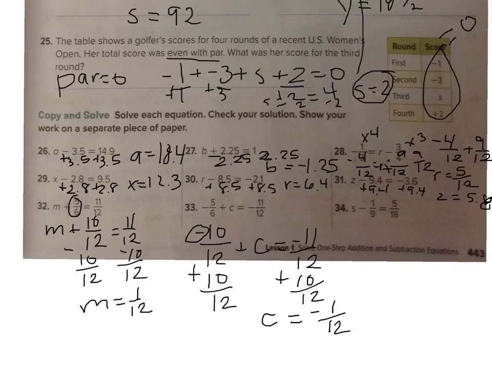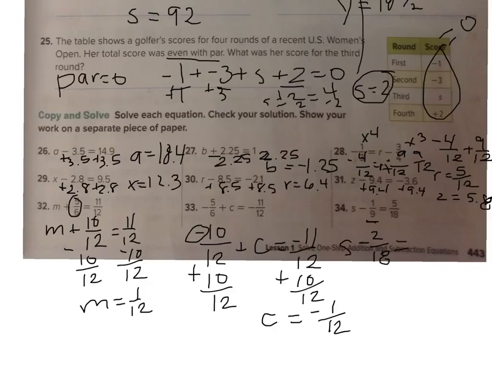Now for 34, we're dealing with a little different numbers, 9 and 18 for the denominators, and we see that the least common multiple is 18. And so we're going to change this fraction here to 2/18, because 9 goes into 18 two times, and so we multiply that numerator by 2 to get us negative 2/18.